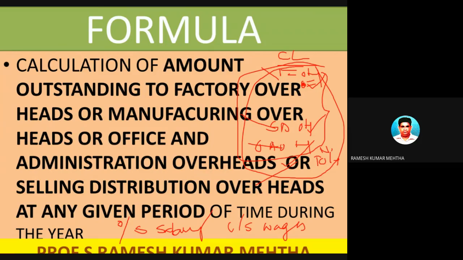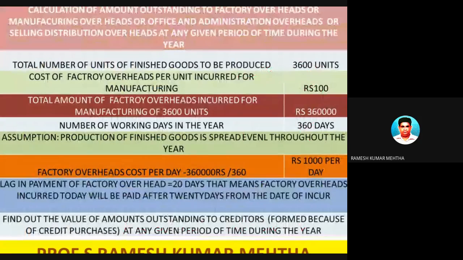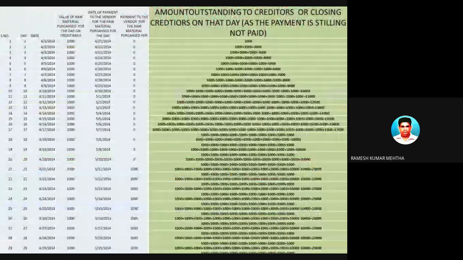So let's take a small example of finding out calculation of amount outstanding to factory overheads, or you can replace factory overheads with manufacturing overheads or office and administration overheads or selling and distribution overheads or outstanding wages or outstanding salaries. So same formula, only you have to change the type of expenditure which is in place. So we have here the total number of units.